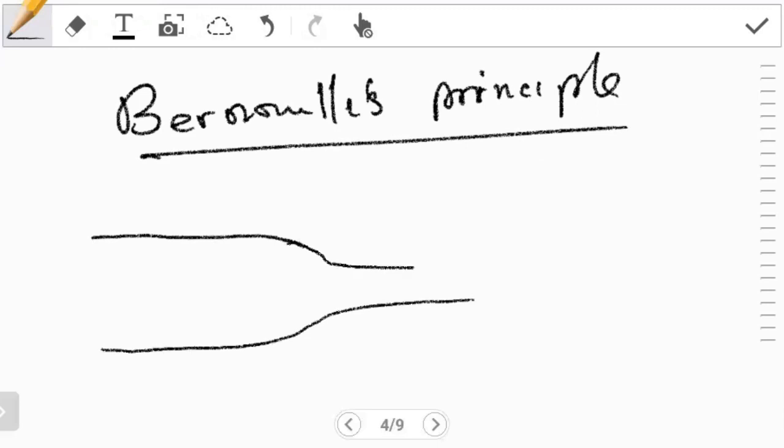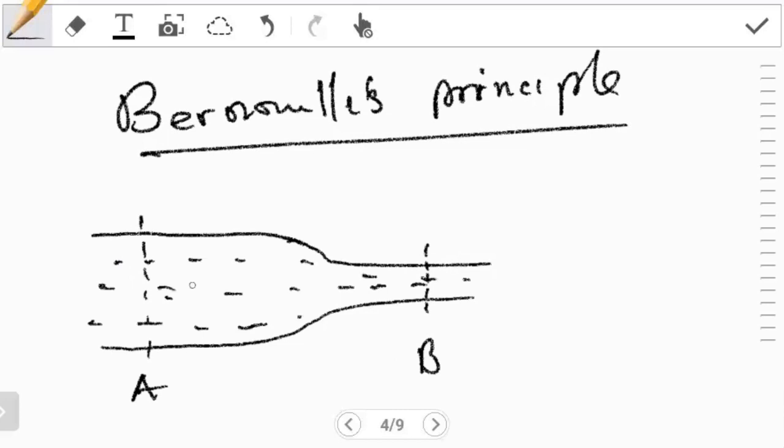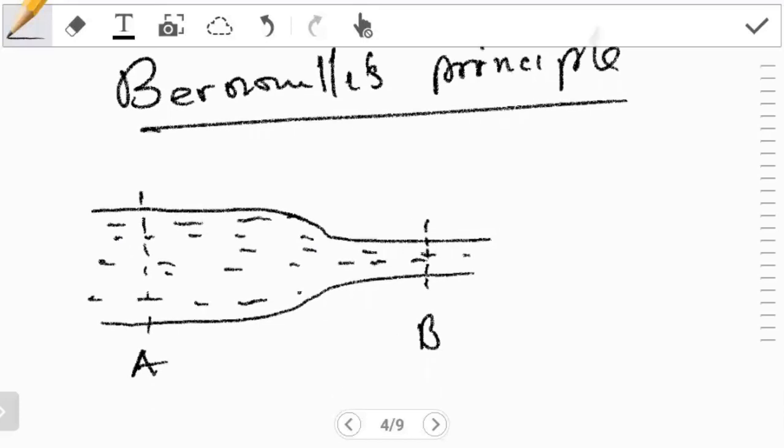Let's say this is point A, and this side, this is point B. Now, if you have a fluid that is flowing inside this tube, one thing that you guys will agree with me is that we expect that the velocity at point B is going to be greater.